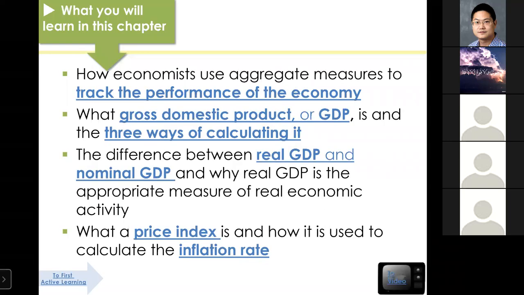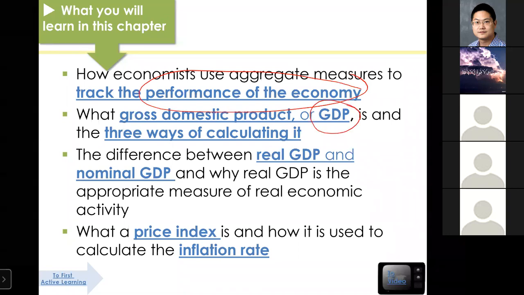And here's a roadmap of this chapter. Basically, in this chapter we are trying to understand how we measure, or keep track of, the performance of the economy. We are going to rely on GDP, or gross domestic product.